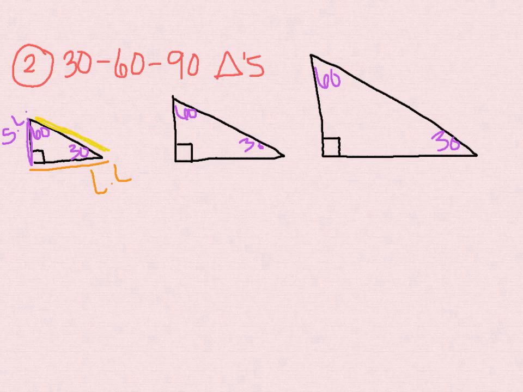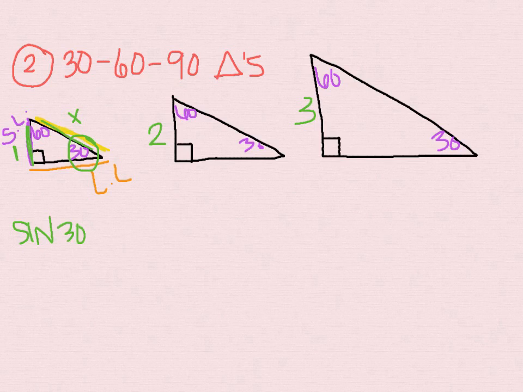On all your short legs, I want you to give the short leg a value of 1, 2, and 3 in each of these triangles. First, we're going to use trig to find the value of our hypotenuse right here. So we're going to look at 30. To find x, I would use the sine of 30 because this one over here is opposite over hypotenuse.